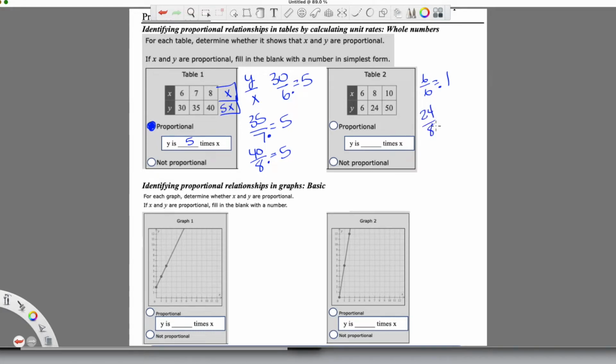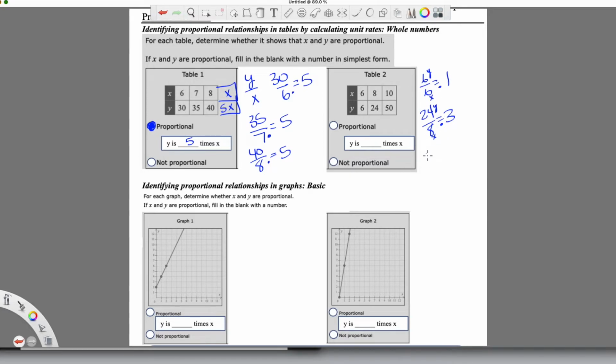Well, 24 divided by 8 is 3, not 1, so we're already kind of not working. 8 times 3, so x times 3, because remember, this is x, times 3 gets me y. Remember, that's the relationship. x is on the bottom, y is on the top. So this already doesn't work. I'll go ahead and check the last one, but since the first two are not the same, really we're kind of done here. It won't work proportionally.